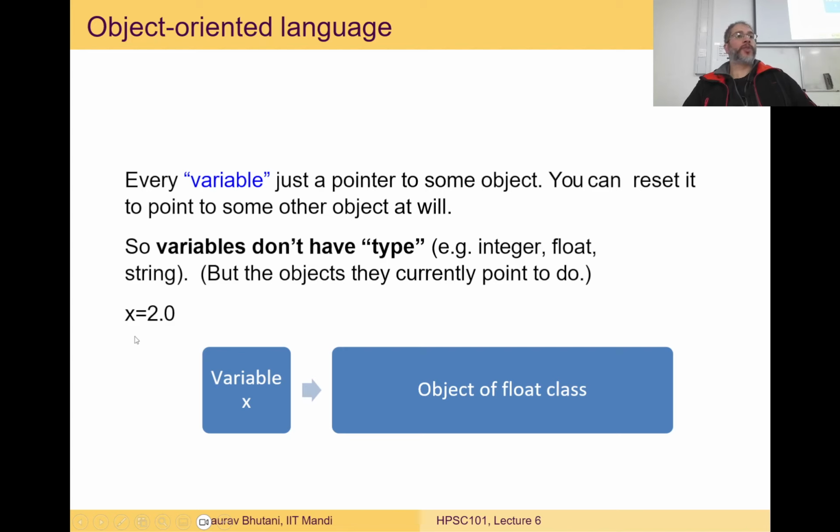In this case, since it's 2.0, it's a real number, a floating point number, as we've discussed, IEEE float. So there is a class called float. When you say x = 2.0, an object of this class called float gets created, and the variable x simply points to that object.